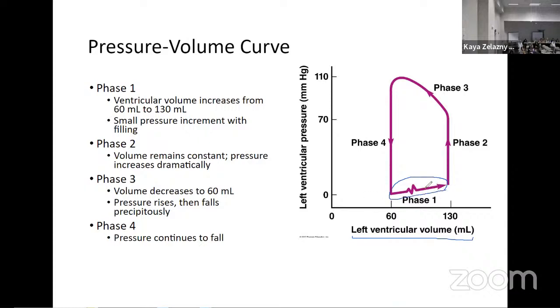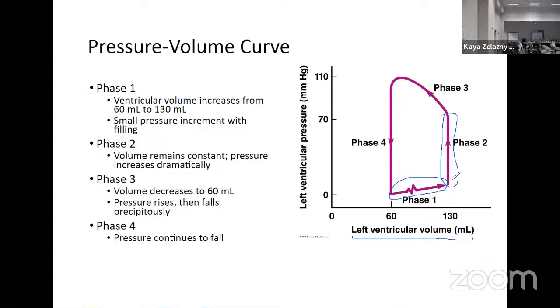We're filling with blood. As we fill up that room with more blood, we see a little bit of an increase in pressure, because there's more stuff in it. When we really see the increase in pressure, though, is during phase 2 and even the beginning of phase 3, when that ventricle starts to squeeze.